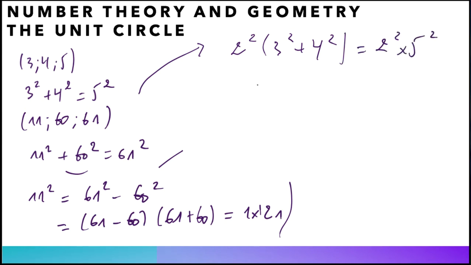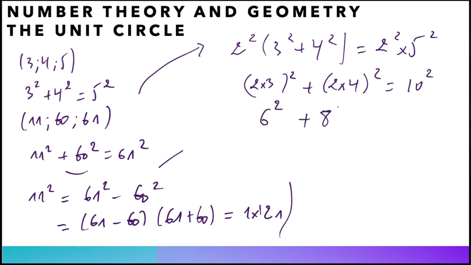This gives us 2 times 3 all squared plus 2 times 4 all squared equals 10 squared, which gives us 6 squared plus 8 squared is 10 squared, and we can verify that this is actually true because this gives us 36 plus 64 is equal to 100, and we get that 6, 8, 10 is a new Pythagorean triple.